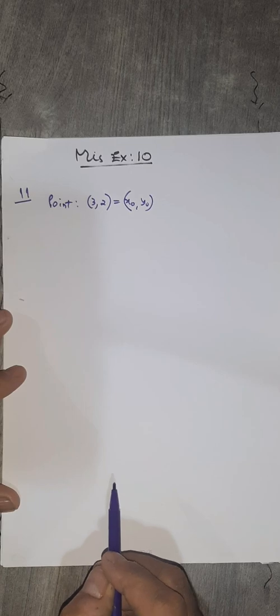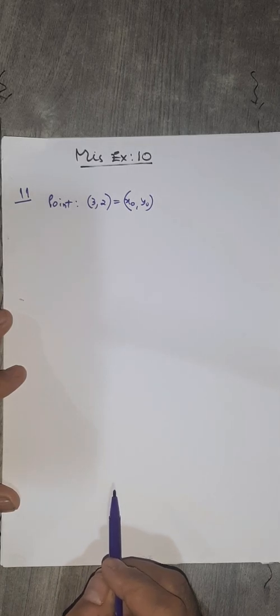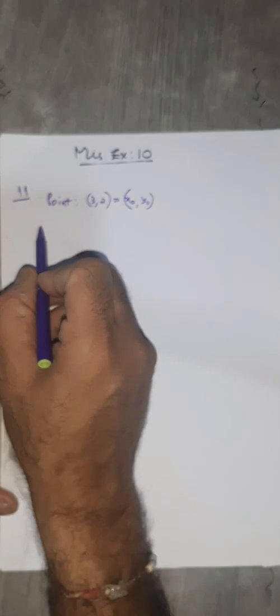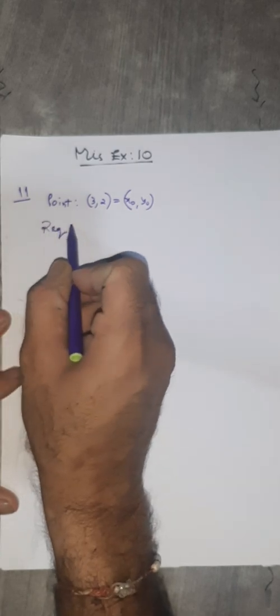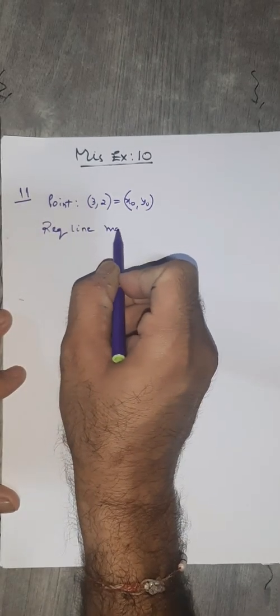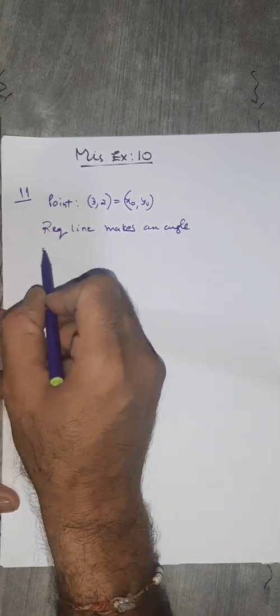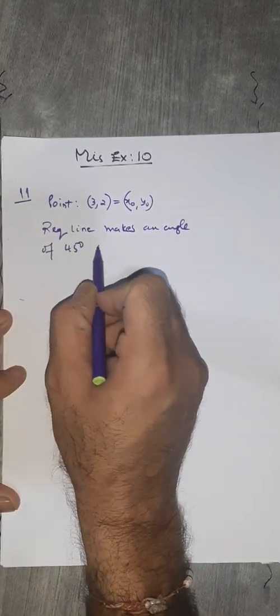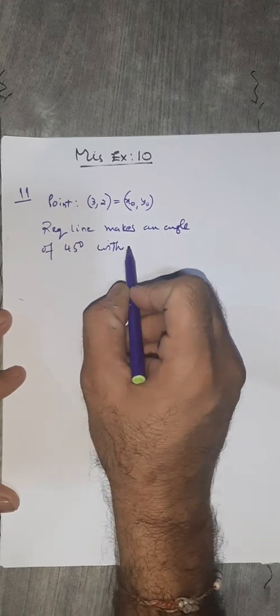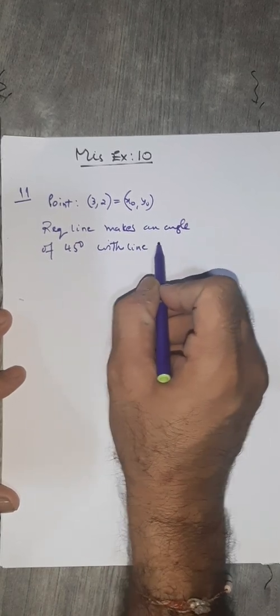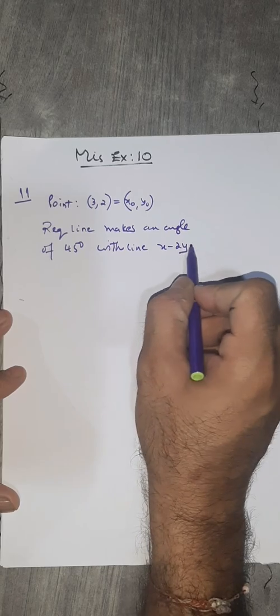What is given to you is that the required line makes an angle of 45 degrees with the line x minus 2y equals 3.